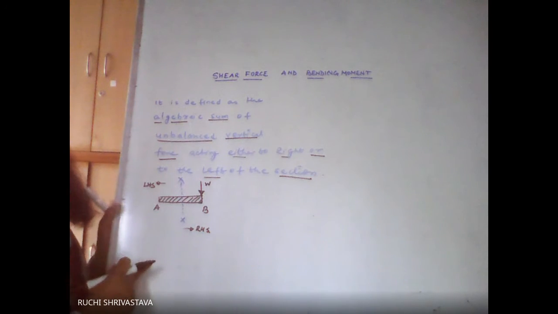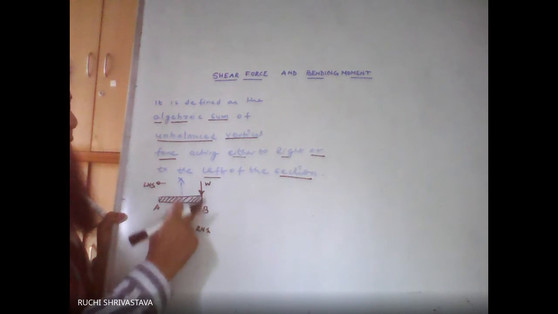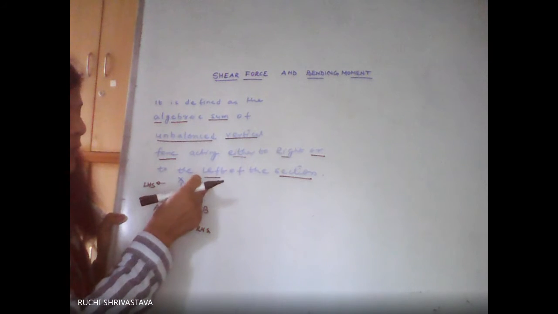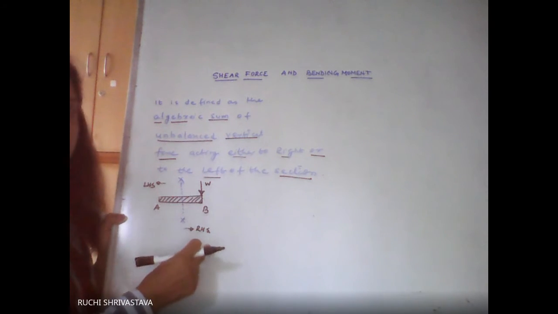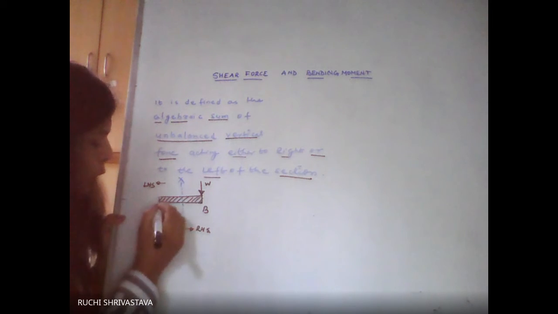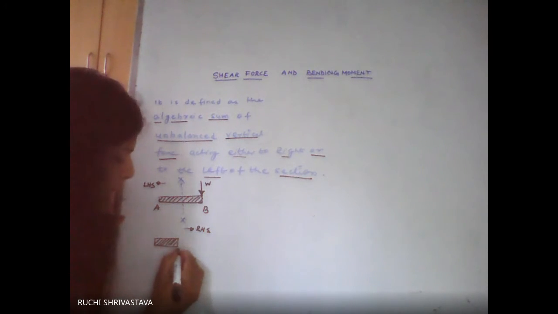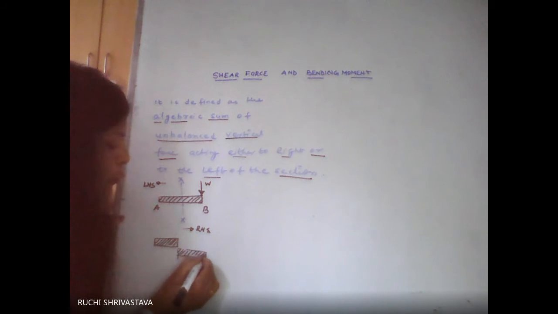If the right side is subjected to a force W, the right portion of the beam will be pushed in the downward direction. So we can draw the diagram again: AX will remain in its same position, whereas BX will be shifted downward due to the application of the force.